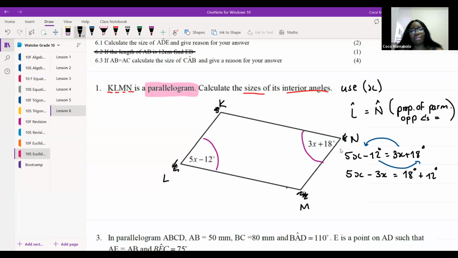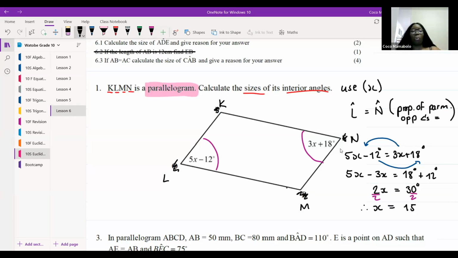So 2x is equal to 30 degrees. I'm going to divide both sides by 2 to get 15 degrees.